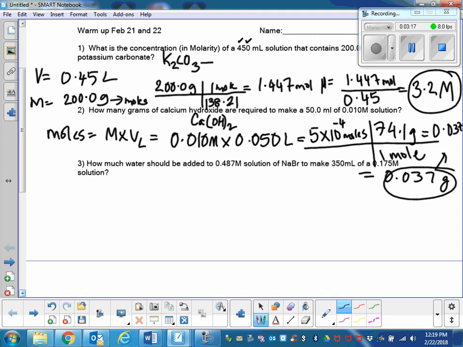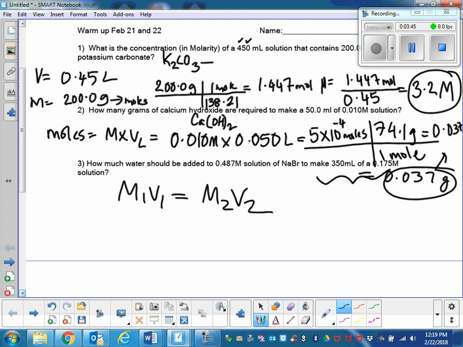Okay, so the last one is, I have two molarities and one volume. And if I'm given a problem with two molarities and one volume, I know to use my dilution formula, M1V1 equals M2V2. So the most common question kids were asking when they were doing the molarity problem is, which two go together?